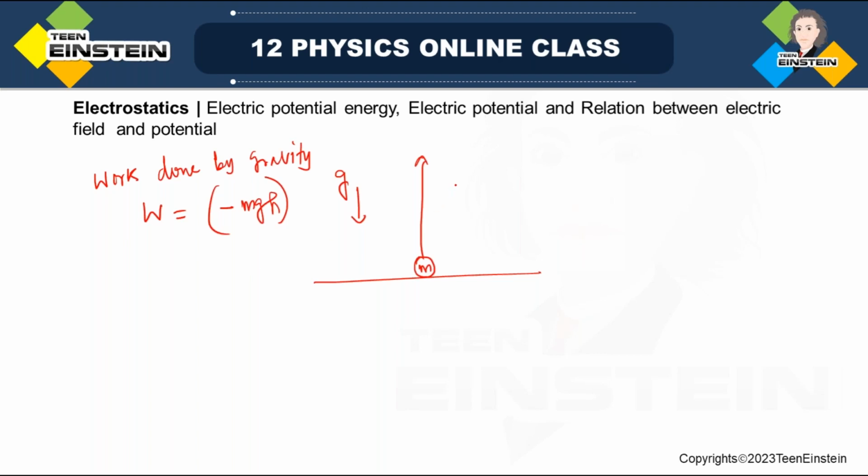But what is the change in potential energy here? See here, potential energy UA was 0, but here it is UB. So the change in potential energy is positive mgh.